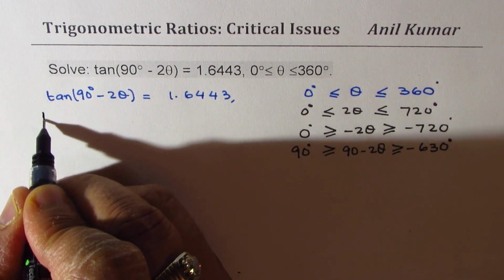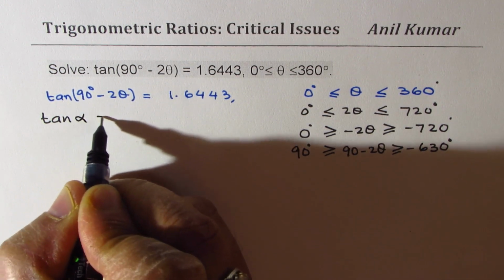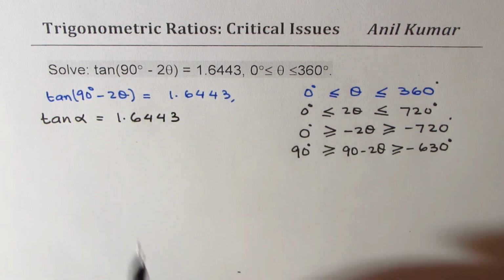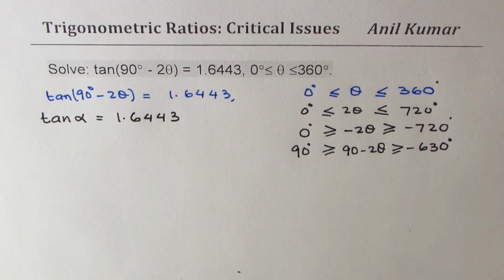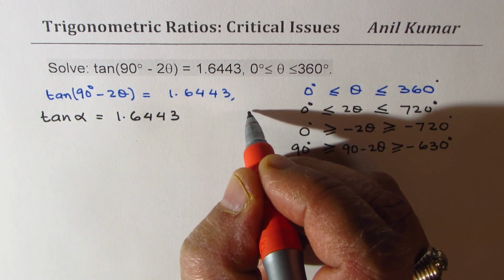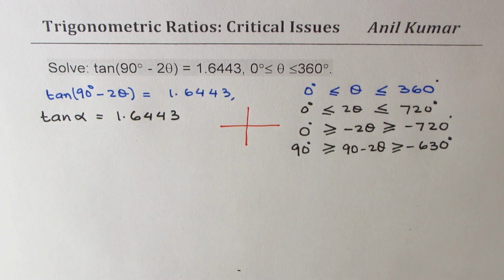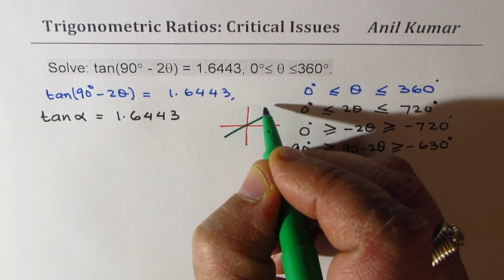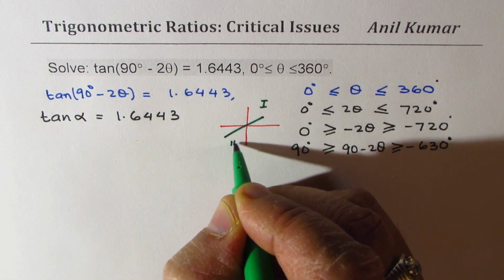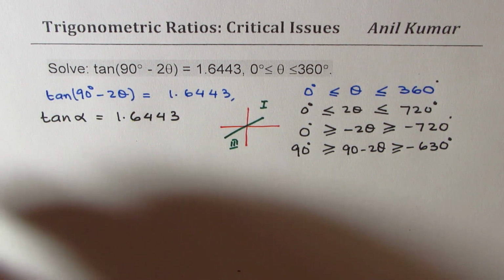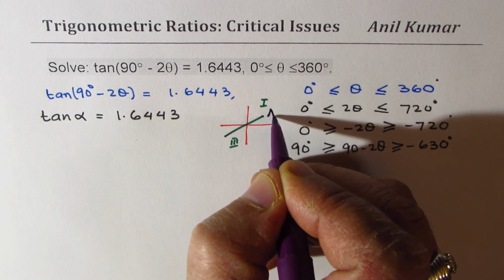So we can write this as, let's say, tan of alpha equals 1.6443. Now when tan alpha is positive, we are looking for two solutions, and these are in quadrant 1 and in quadrant 3, since in these two quadrants tan is positive. You know the rule, all are positive here.